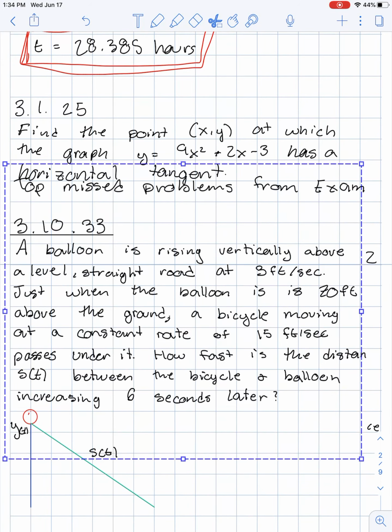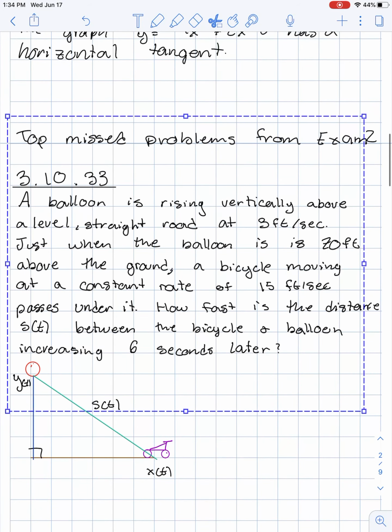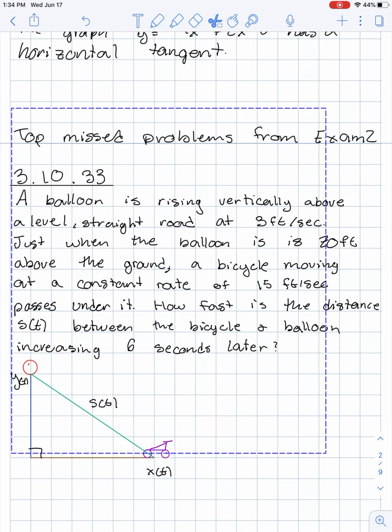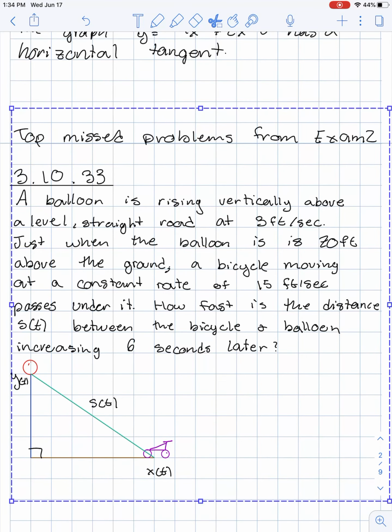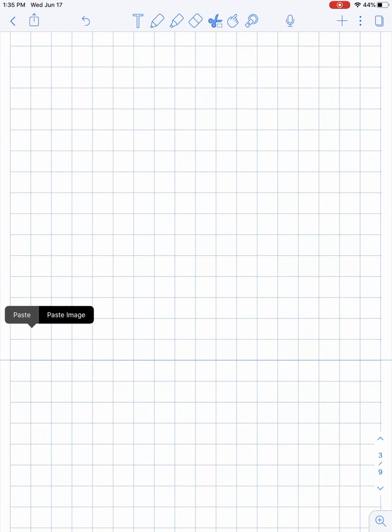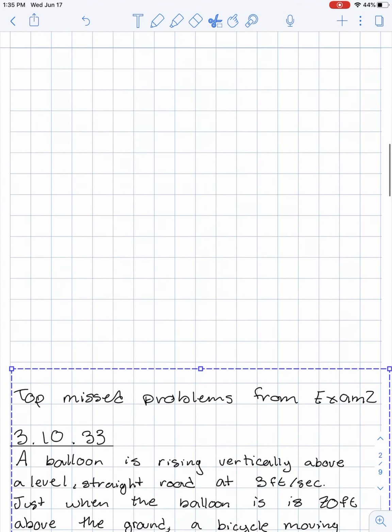Oh, no, no, no. How do I move it back? I had this beautiful drawing. There we go. We're going to cut. We will paste. Beautiful. Okay.